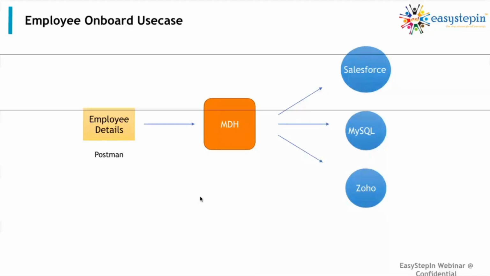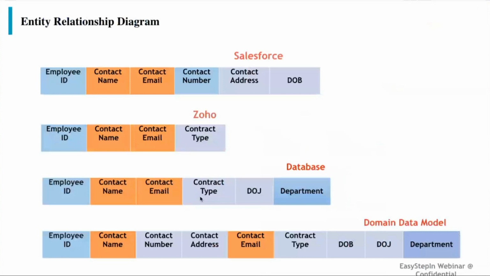First you go with creating an entity relationship diagram. You first have to identify. Now we are creating employee domain with contact model. You have to define all those fields that can come under each application. Under Salesforce, these are the fields that you get. Zoho, these. You just define all of them.